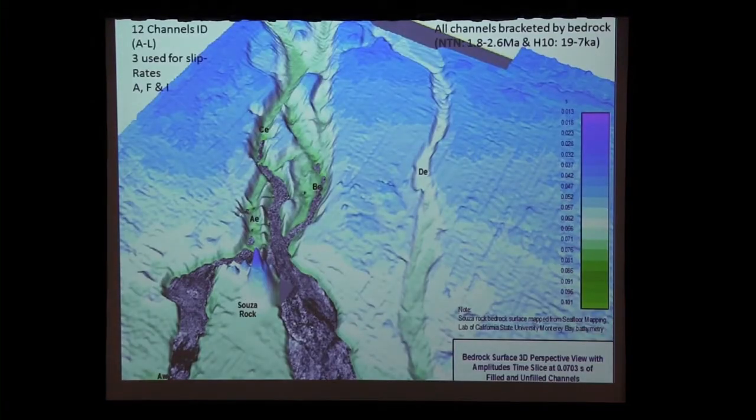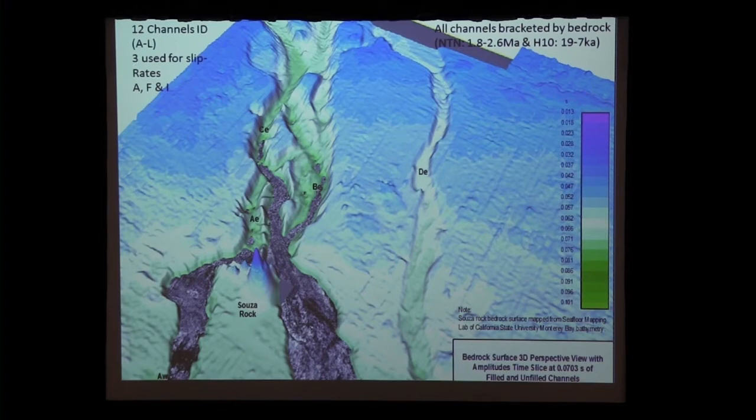Now let's look at other piercing points in there. Let's look at the channels that exist here, because there are some very nice channels here. This is just a portion of our volume, but we have 12 channels that we identified, and we lettered them A to L. 3 we use for slip rates.